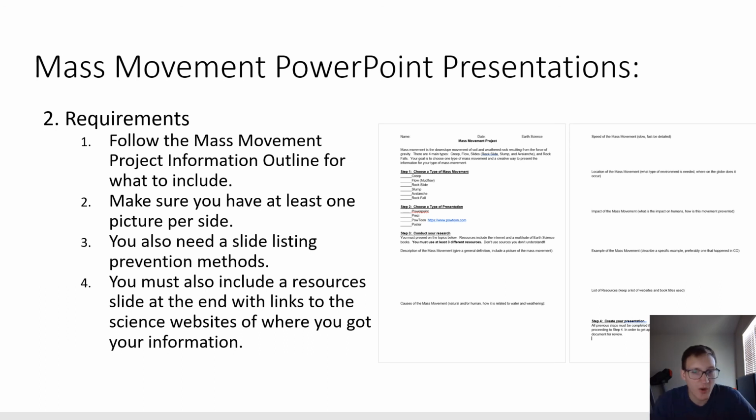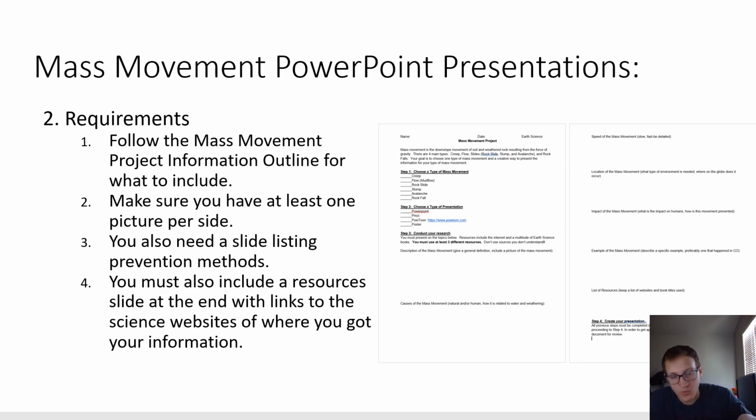Okay, so there are some requirements for this project, which will be outlined in the Mass Movement Project assignment. I've just included a snapshot here so that you can see what that form is going to look like. So if you follow the Mass Movement Project information outline for what to include, it has descriptions of things. It talks about all the things you're supposed to include.